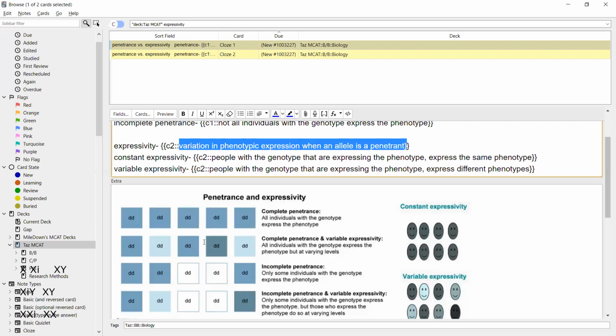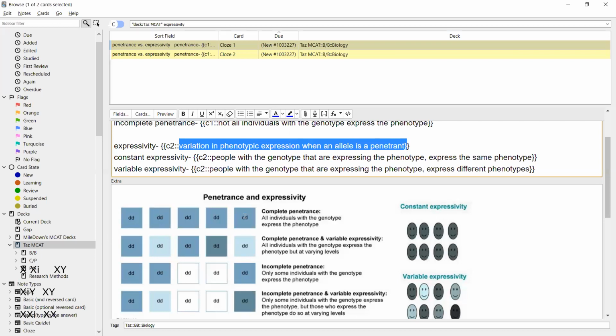The expression is slightly different. It's like two steps. Yes, I have the genotype. Yes, I am showing something because of my genotype, but am I showing the exact same thing as everybody else? No. So therefore, there's variable expressivity here.